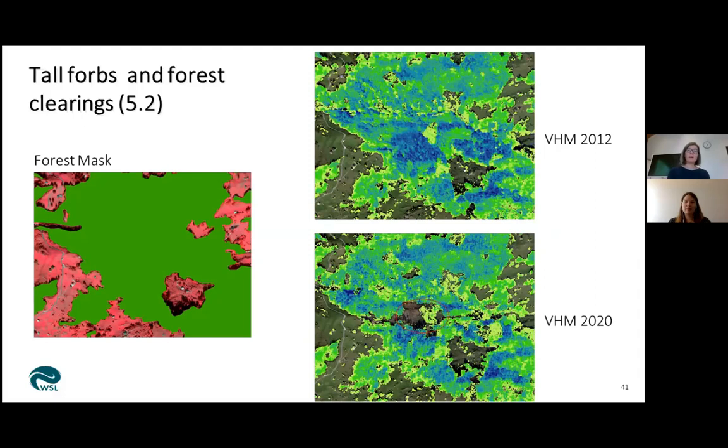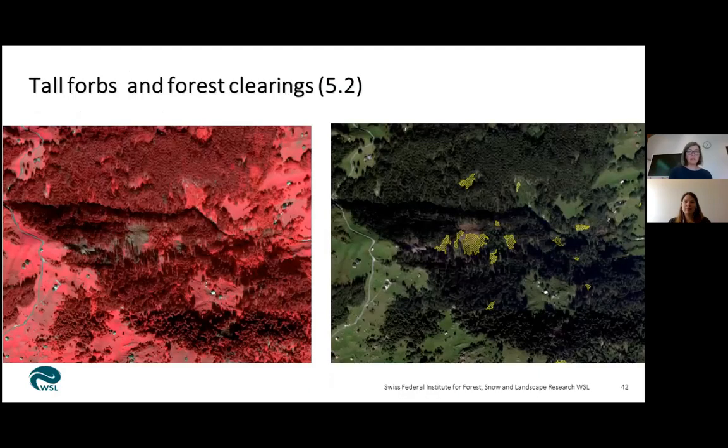We had the vegetation height model from 2012 and the vegetation height model from 2020, and we basically used that to find areas within the forest mask that had high vegetation in 2012 and no longer had high vegetation in 2020, as these could be areas known as the Schlagfluten in German, so areas which had damage to forest and potentially have this tallforb cover in forest clearings. So that's just an example of the areas we identified in the map with the false color composite image, and in yellow is highlighted what we have in the map as class 5.2.